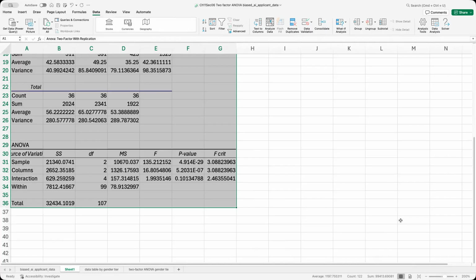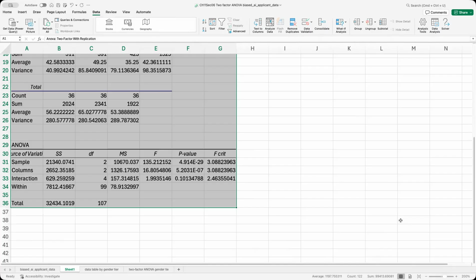Is it biased by university tier? Because university tier is the columns. So university tier matters. 5.2 times 10 to the negative 7th for p-value. There are 6 zeros in front of that 5.